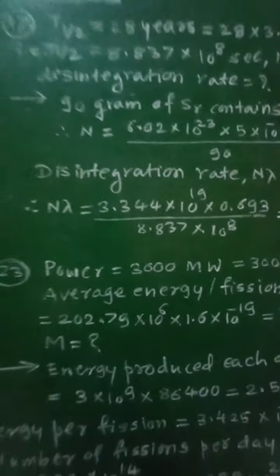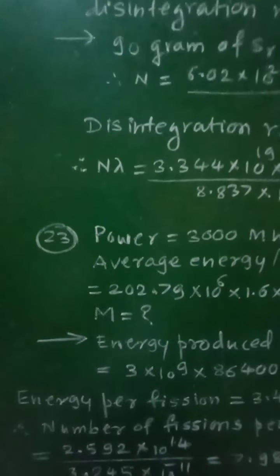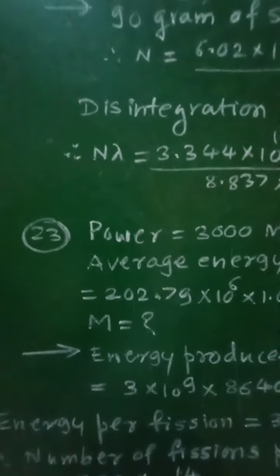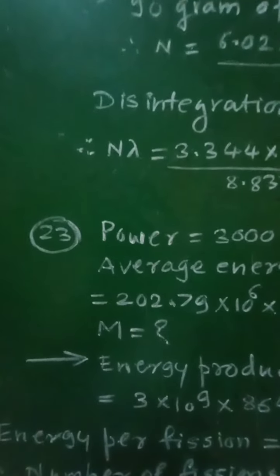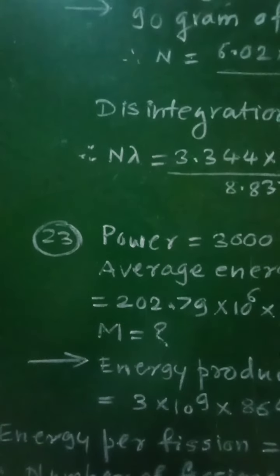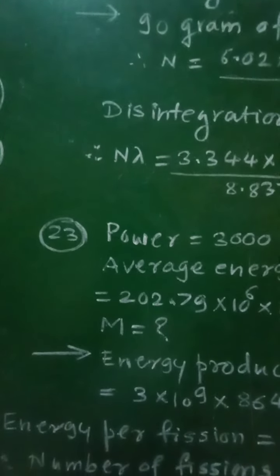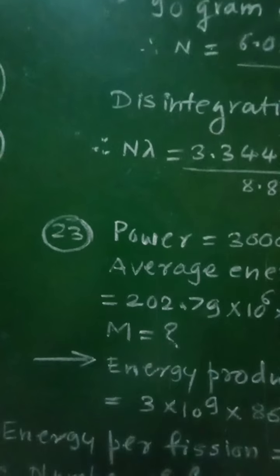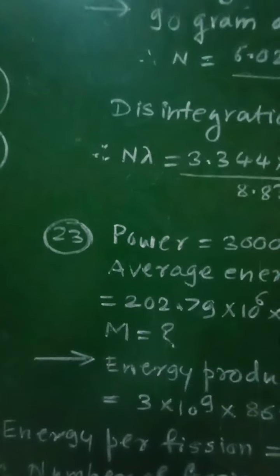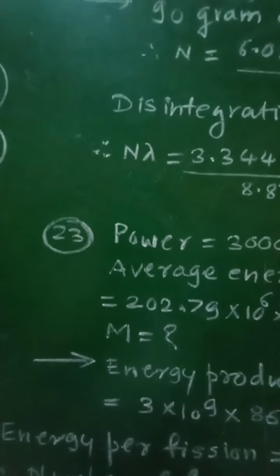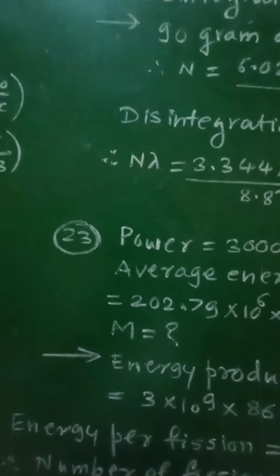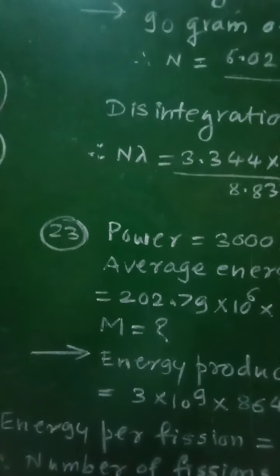Now let us go for the next numerical, that is numerical number 23, which is stated as: how much mass of uranium-235 is required to undergo fission each day to provide 3000 megawatt of thermal power.